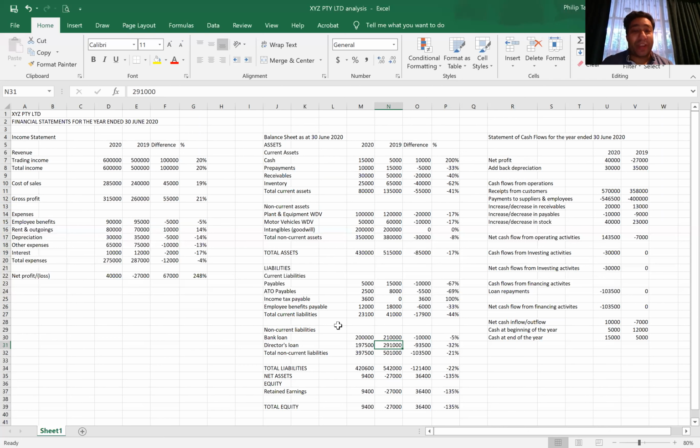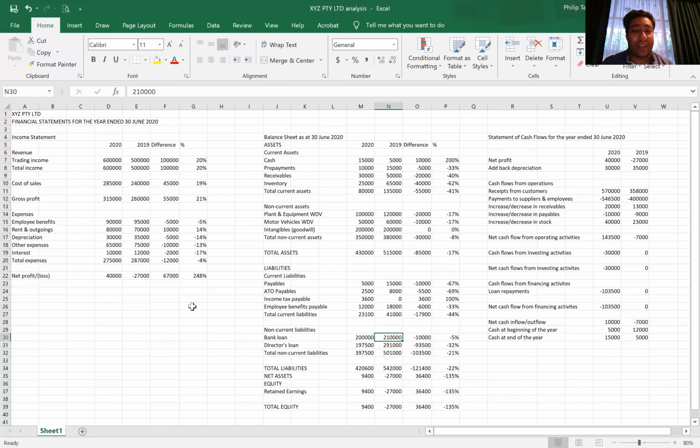It may be that much of these assets and the loss was funded by the director. Now, how is the loss funded by a director? Well, obviously, if a director pays expenses of the company out of their own accounts, that's how the company creates an expense, and in turn, the company has a loss.